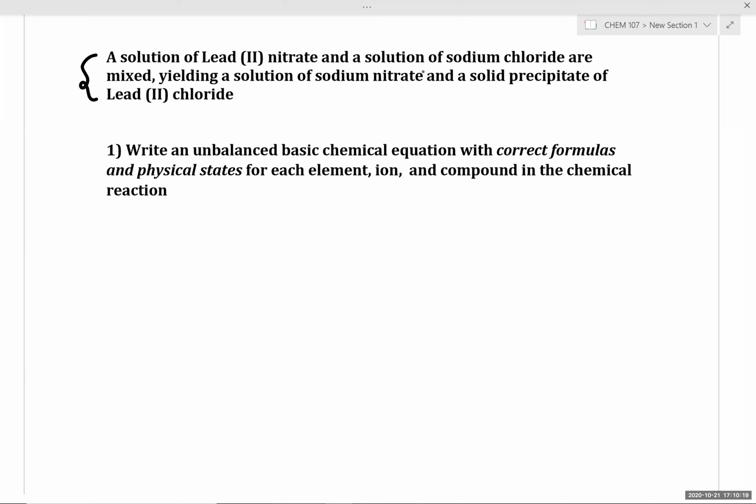Let's spend about 4 minutes first making sure we have all of the formulas written for each of the compounds in this chemical equation.